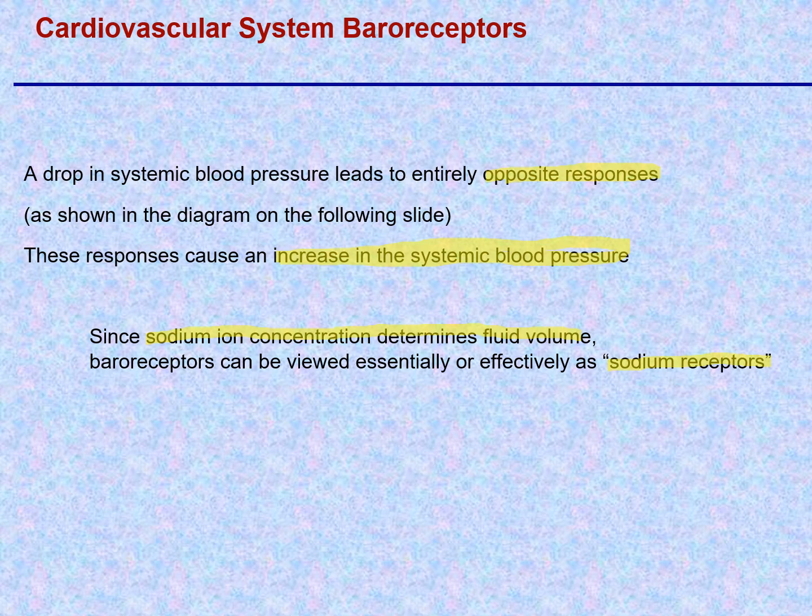You will have more fluid volume as a result, and therefore your blood pressure would rise. And as a result of that, you would have responses that I described on the previous slide. And the opposite would occur if there's a drop in blood pressure associated with lower electrolytes taken in or less water taken in.